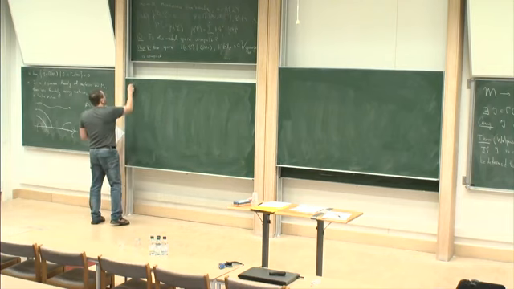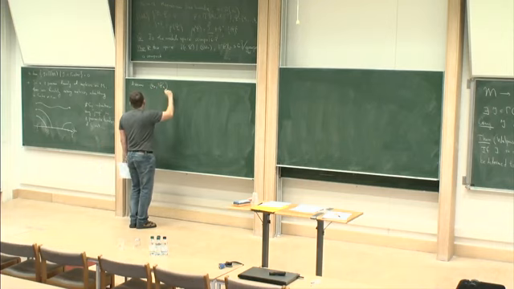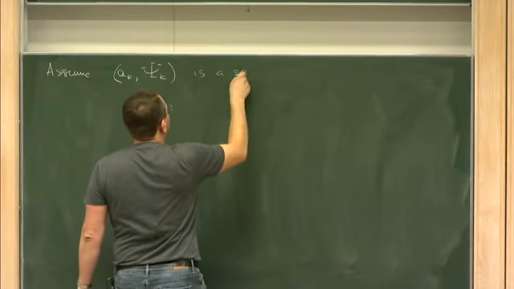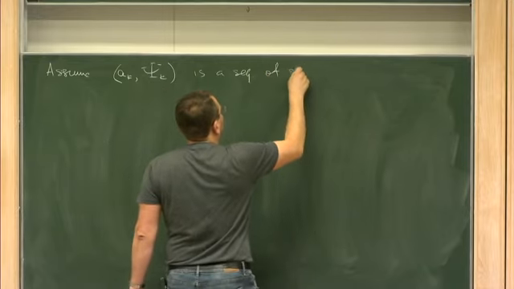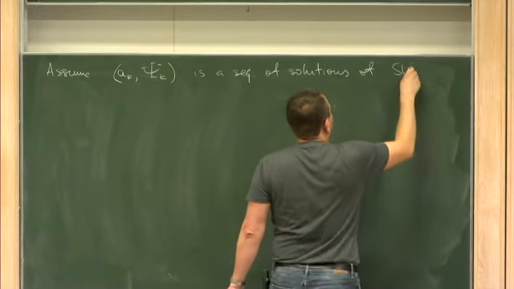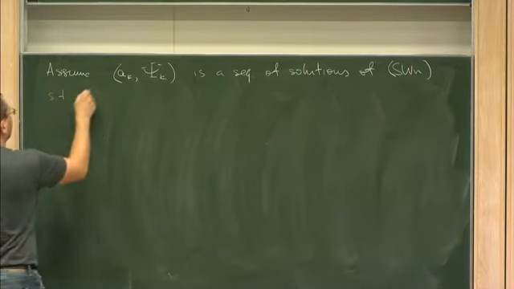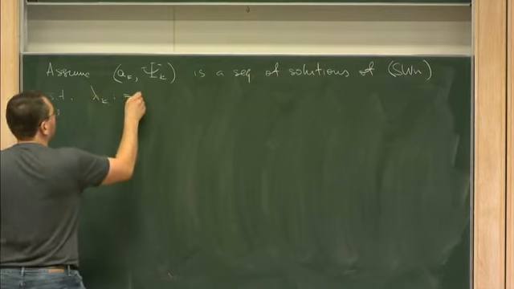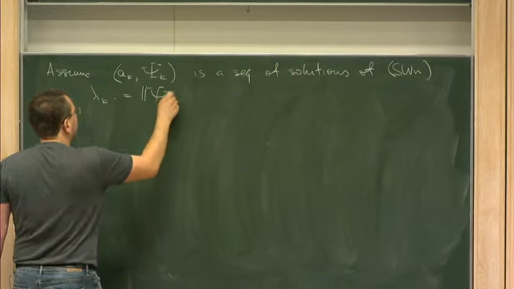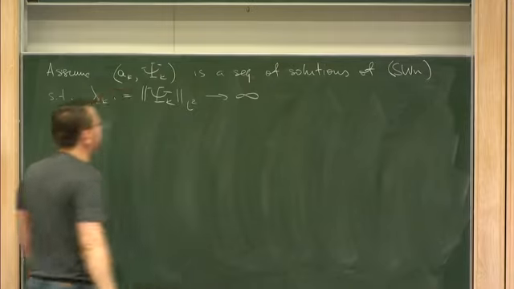So assume that we have a sequence, say A_k, psi_k, which is a sequence of solutions of SWN such that the L2 norm of the spinor goes to infinity.